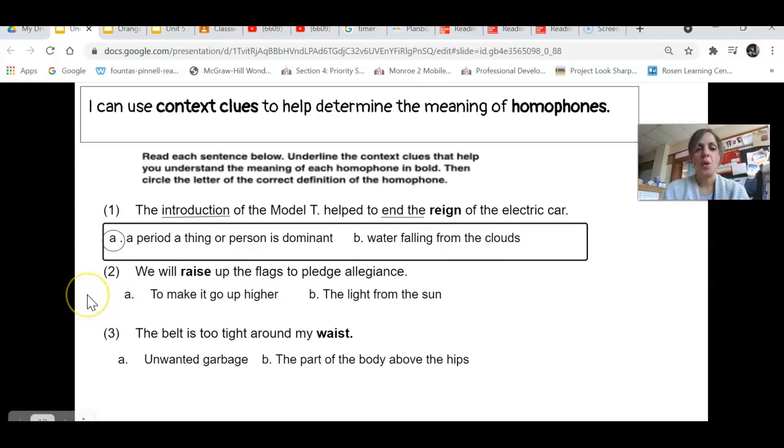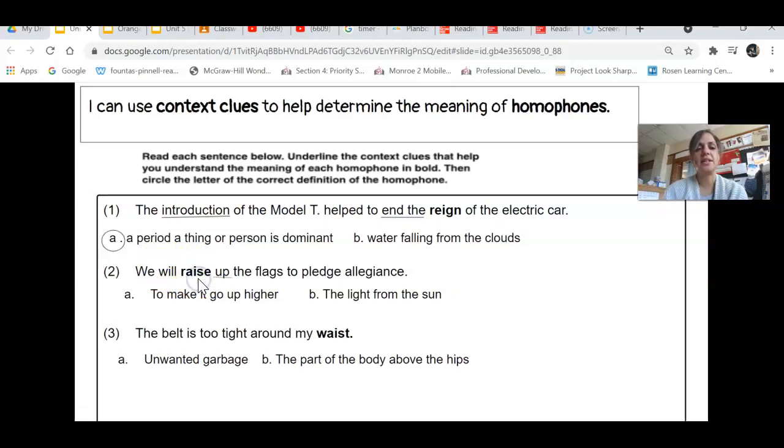Number 2, we will raise up the flags to pledge allegiance. Okay, this raise also sounds like the sun's rays that we just read in the text. They're both spelled differently. They must have different meanings. So again, I'm going to look inside my word, and I just did thinking about raise.